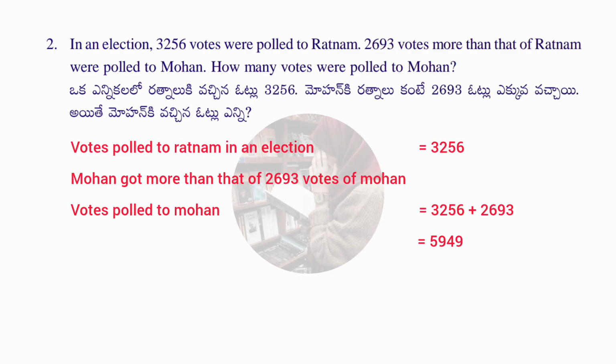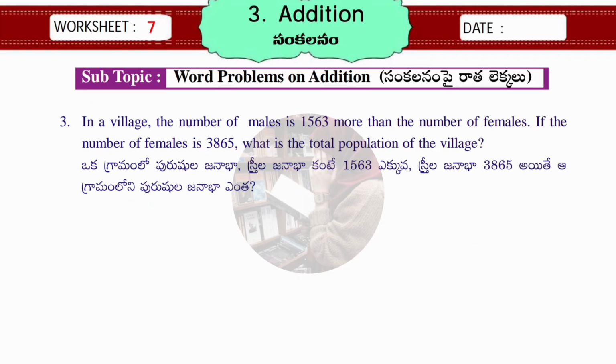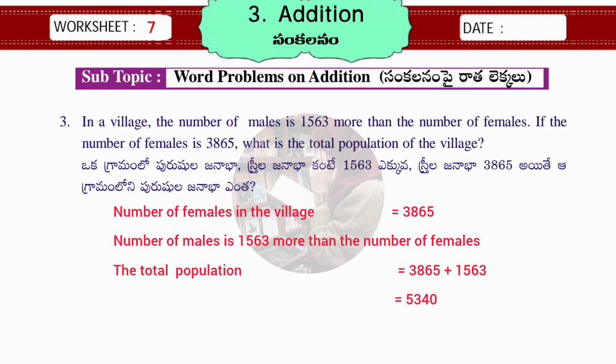Okay, then. Now we'll move to the next question, that is question number 3. Here the question is, in a village, the number of males is 1563 more than the number of females. If the number of females is 3,865, so what is the total population of the village? Okay, so write down. Number of females in the village is 3,865.